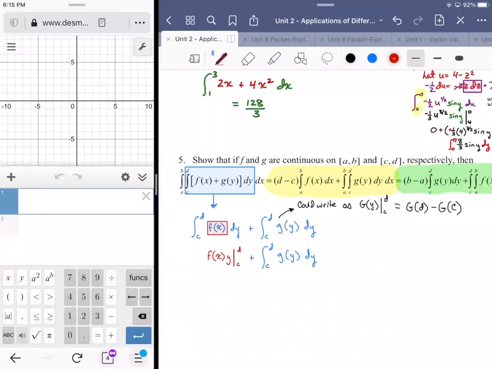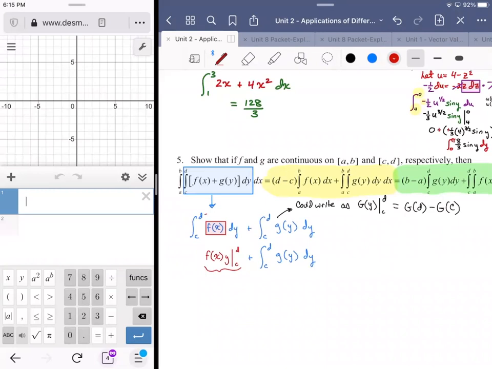Now, what we are doing will allow us to manipulate this one a little bit further. So f of x, now we're subbing in for a y, because remember, when you're integrating with respect to a variable, the bounds are in terms of that variable. So this is the same as saying y equals d, y equals c. That's a key ingredient telling us that those values d and c get subbed in for y, not the x.